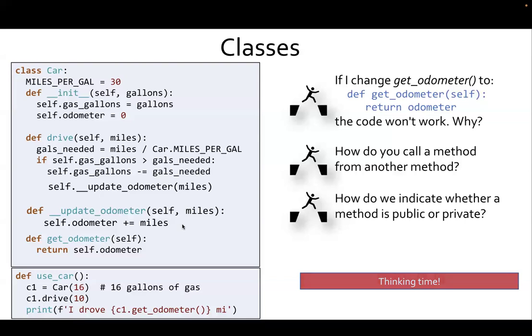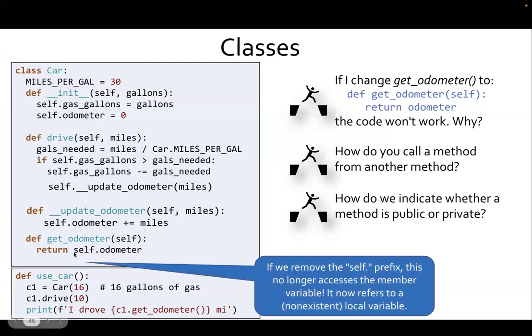But yeah. Actually, let's get to the answer right now because I think this is kind of getting hard in Python. If we delete the self over here, it is no longer accessible because it's referring to a non-existent local variable. Only if we use the self over here, it is referring to the variable that is defined in the class car.